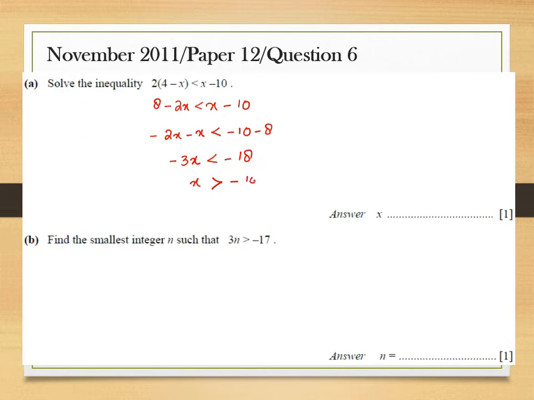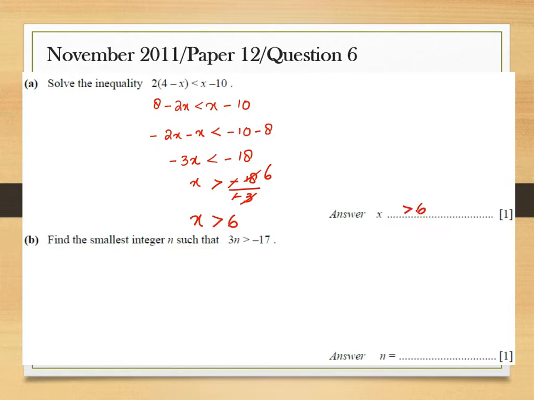So it will be minus 18 upon minus 3, and we change the sign of the inequality. So now x is greater than minus 18 upon minus 3. Minus and minus cancel, and 3 times 6 is 18. So the answer is x greater than 6.